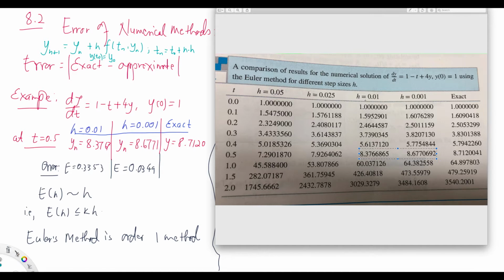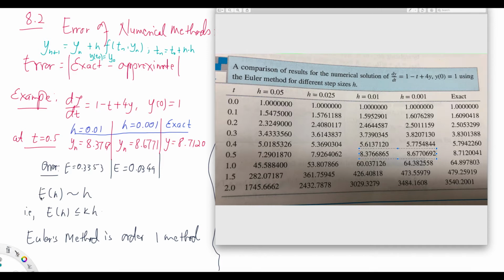And when I decrease the step size from 0.01 to 0.001, the error, this exact value minus the approximate value, is 0.0349. You see that we decreased the step size by a factor of 10, and the error is decreased by a factor of 10 almost, right? Almost. So by whatever factor you decrease the step size, the error is decreased by a similar factor.